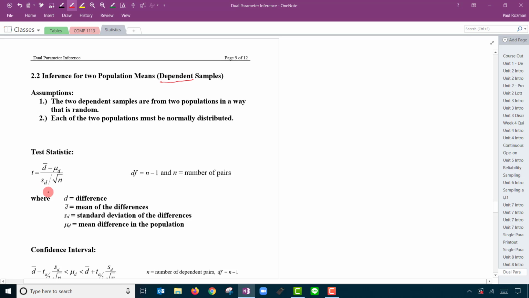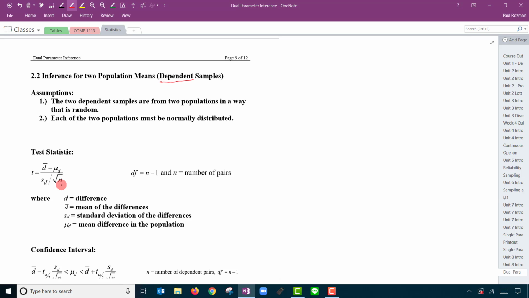It's just like the t-score that we had before with x bar. We usually have x bar minus mu over s over root n, and now we have d bar minus the mean of the d over the standard deviation of the d divided by the square root of n, where the n is the number of pairs that you have, and d stands for difference.